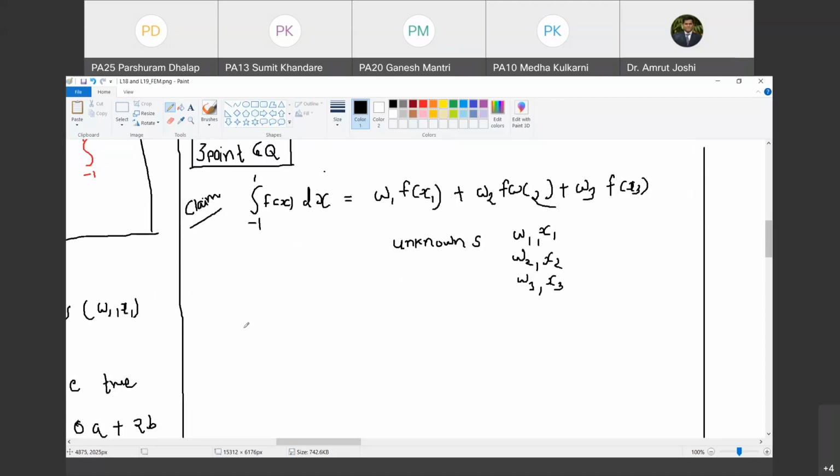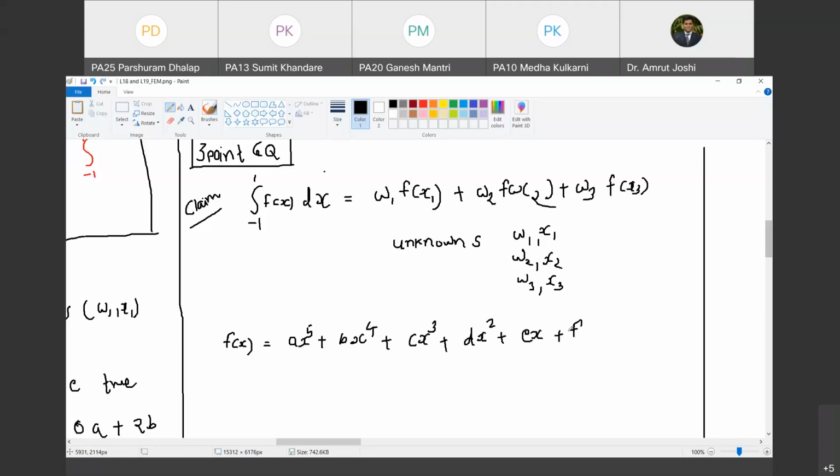Yes, sir. So what is the degree with which I will start this exercise? If I consider f of x as the 5th degree polynomial, ax raised to 5 plus bx raised to 4 plus cx cube plus dx square plus ex plus f.